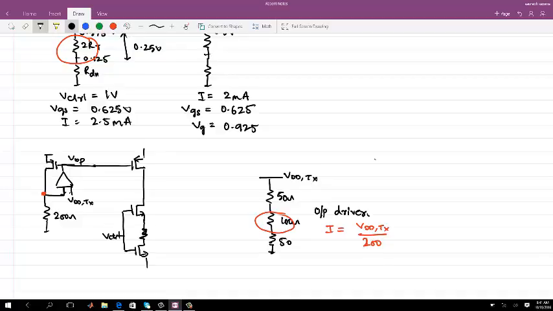The output driver is like this, a single-ended one. Whenever it operates, the top and the bottom NMOS are on, and in between the resistance is 2RT.